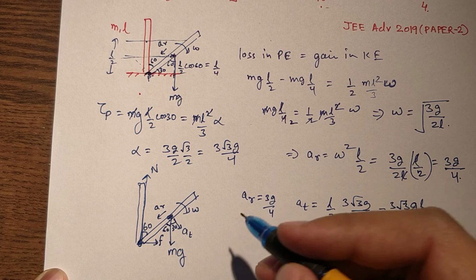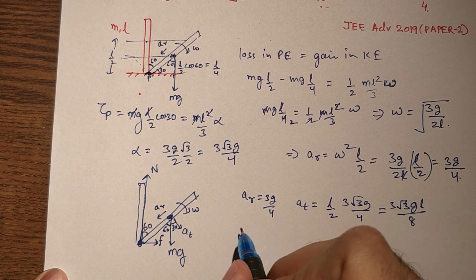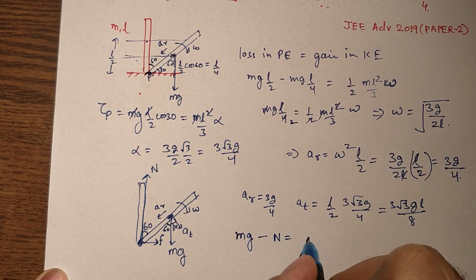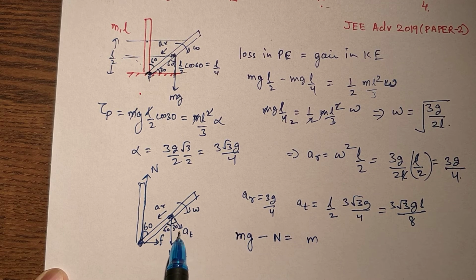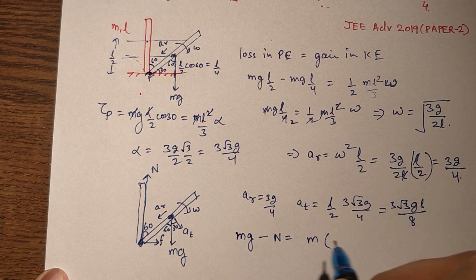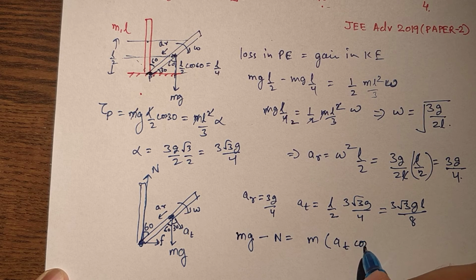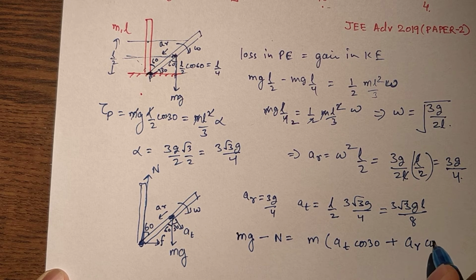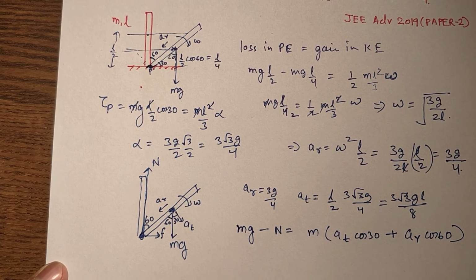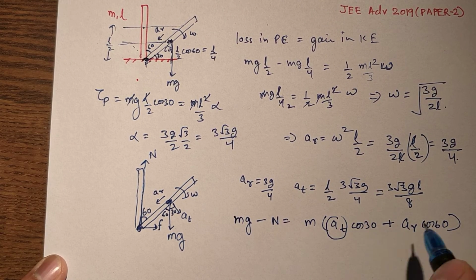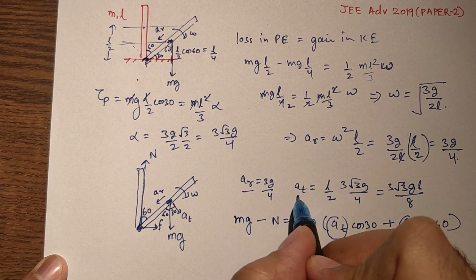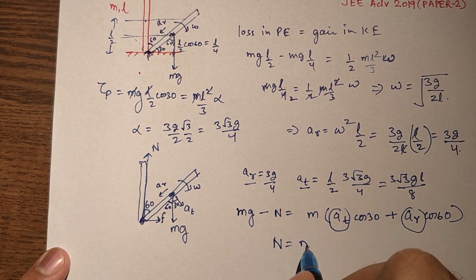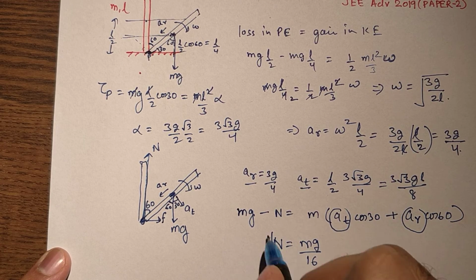So the net force in the downward direction is mg minus N, which equals m into net acceleration. The component of AT is AT cos 30 plus the component of AR, which is AR cos 60. Now all I need to do is put in the values of AT and AR, which we already know, and N comes out to be mg by 16.